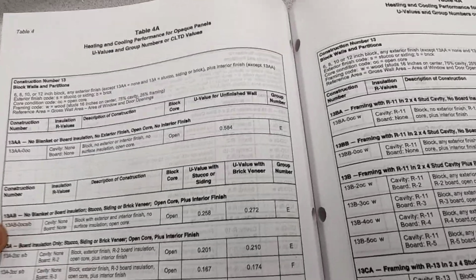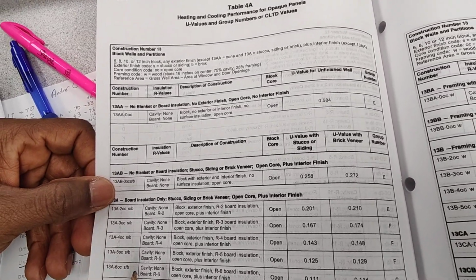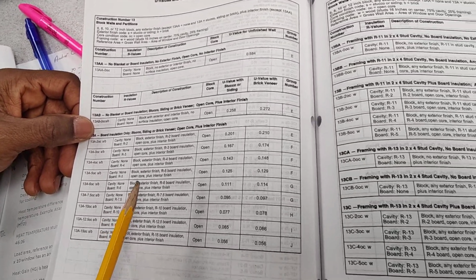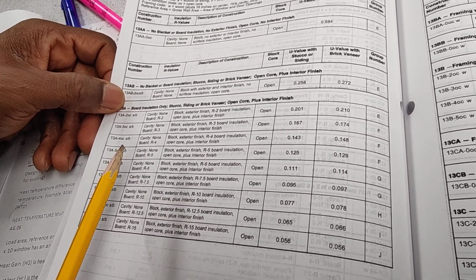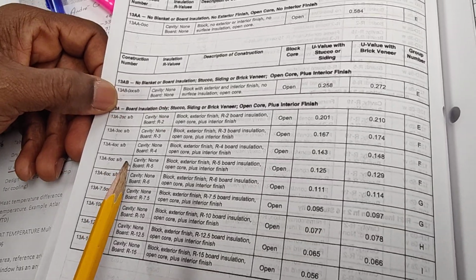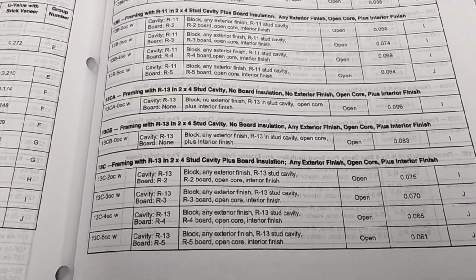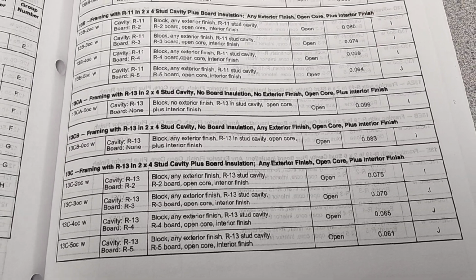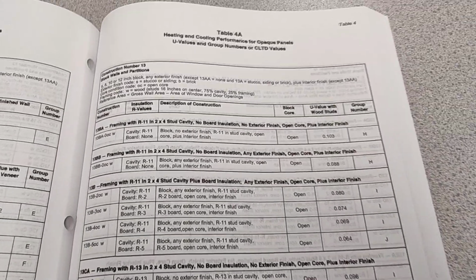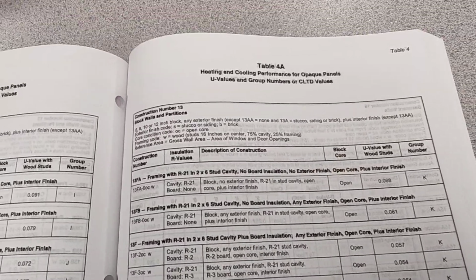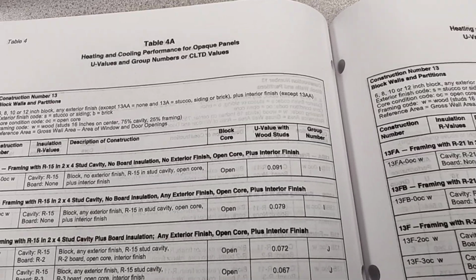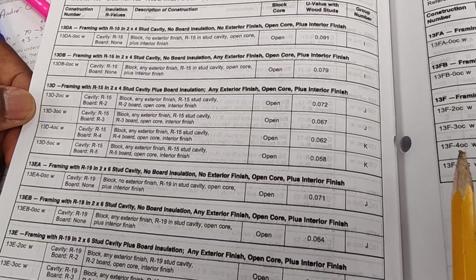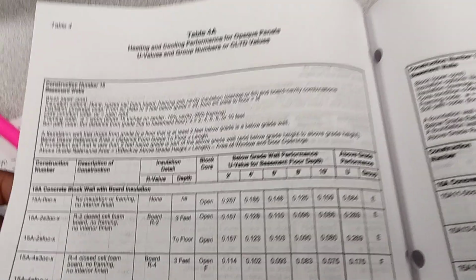What page? 147. What did I get for the construction number? There's no frame here. Go to chart 4A, you have to go to chart 4A.